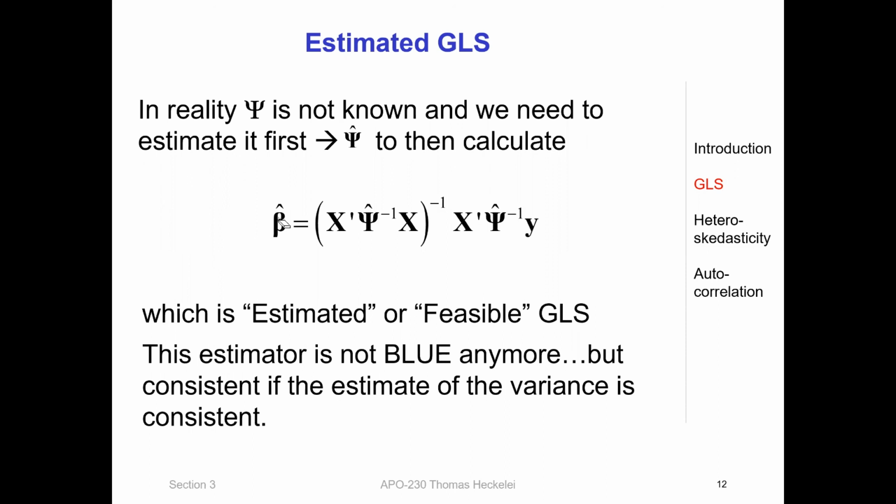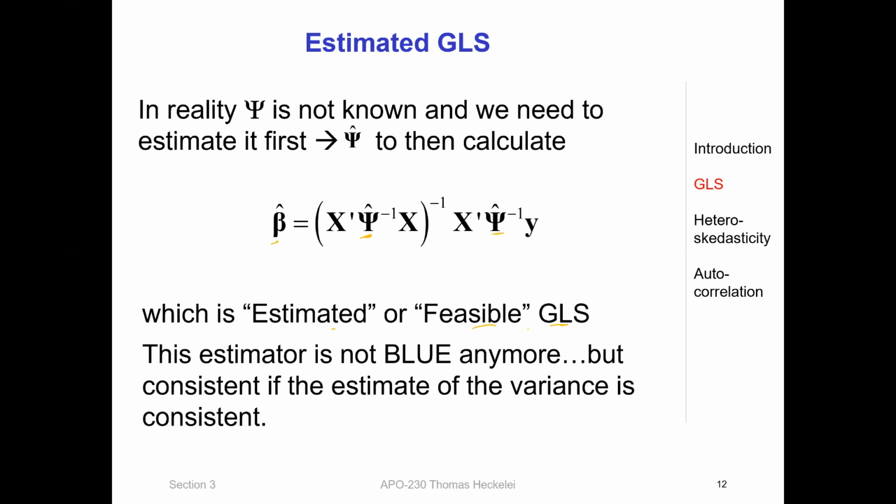Then we could replace the psi by its estimate in the estimator beta hat GLS now. And this is called estimated or feasible GLS in the literature. A lot of times you will see FGLS.